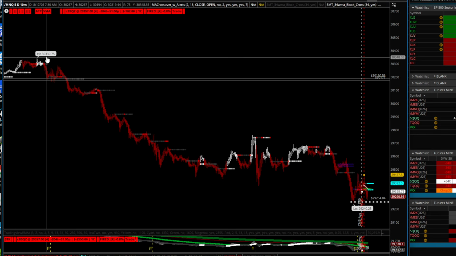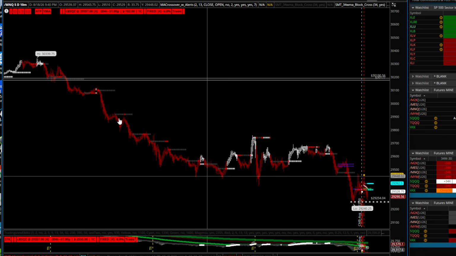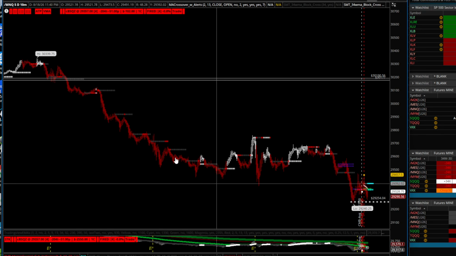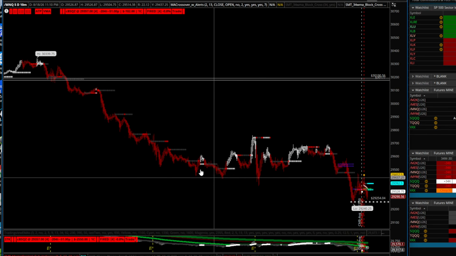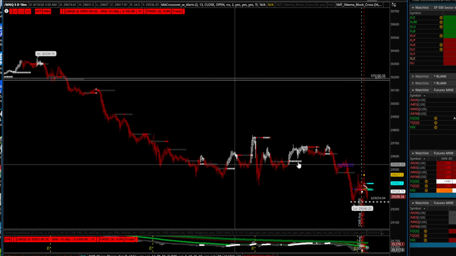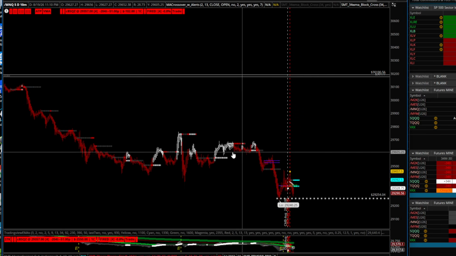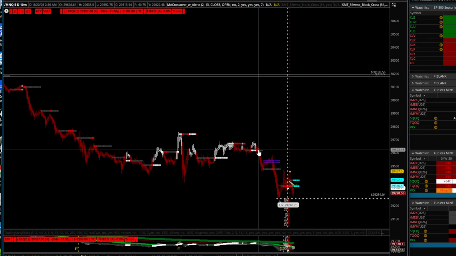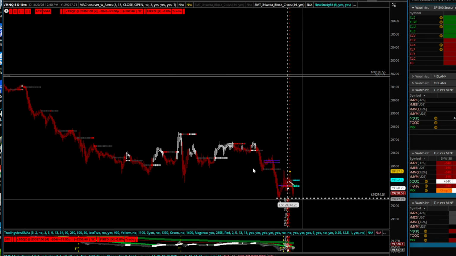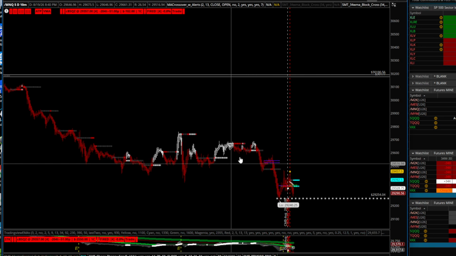We were in a stage 4 here. Following a stage 4, typically there's going to be a stage 1. So we have the stage 1 here, and interestingly, that did not break out into a stage 2. It resumed back into another stage 4.